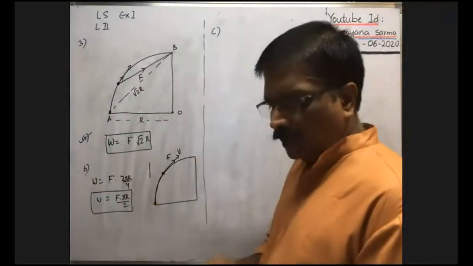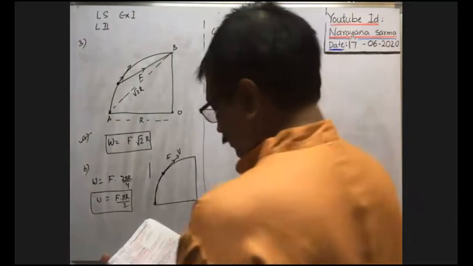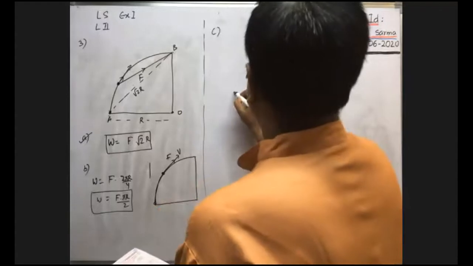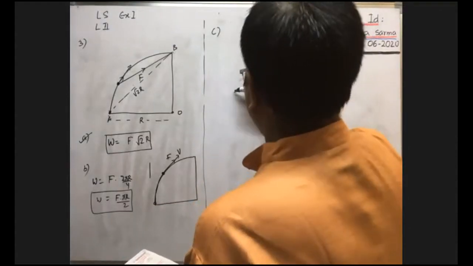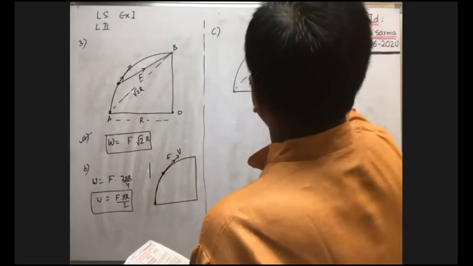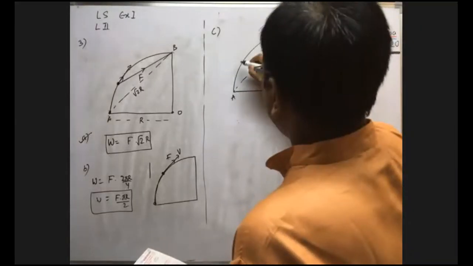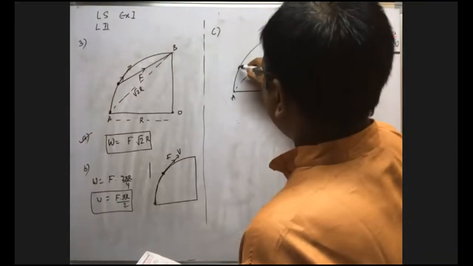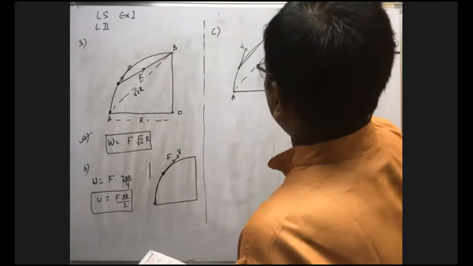Okay. Next, option C, we have to verify. In option C, if force F always acts parallel to AB, here you see, this is AB, this is A, this is B. Whenever the body lies here, the velocity of the body is along the tangential direction, but the force acting on the body is always parallel to AB.